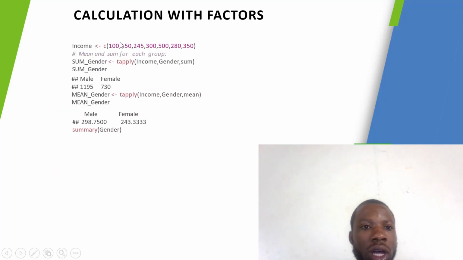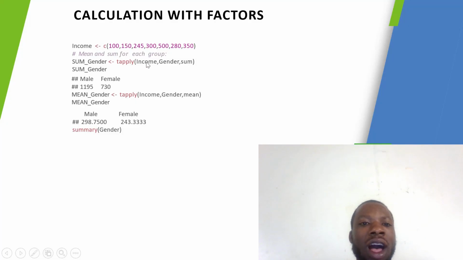And then let's say I have an income, and I want to calculate the mean and summary of each group. Let's say, for example, I have the sum of gender with tapply. If I use tapply, I'm trying to calculate the average of income based on gender, but also the sum. Sorry, not mean.